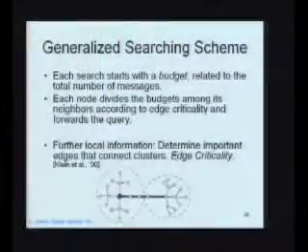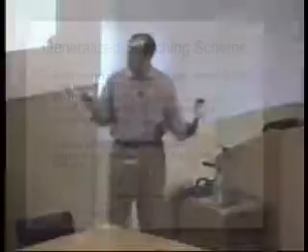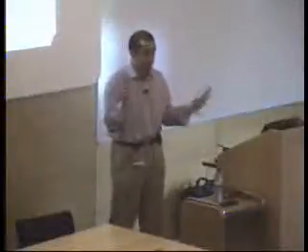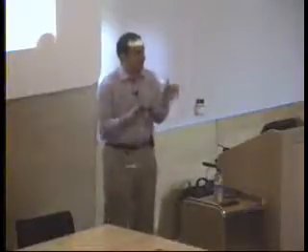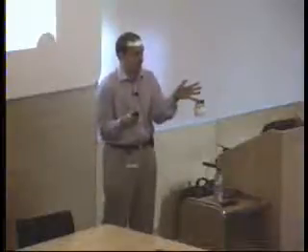Another scheme that is more generalized is the following. We assume that there is a budget, which is an upper bound on the number of messages that the searching is allowed to use. When a node receives a query with a budget, it reduces the budget by 1, divides the budget along its neighbors, and forwards the query with the new budget.